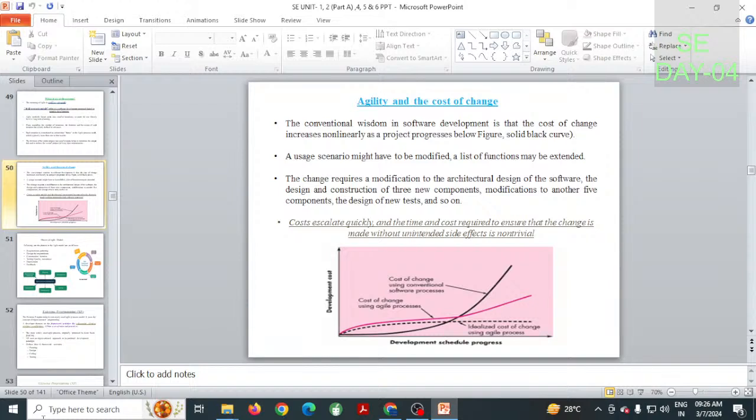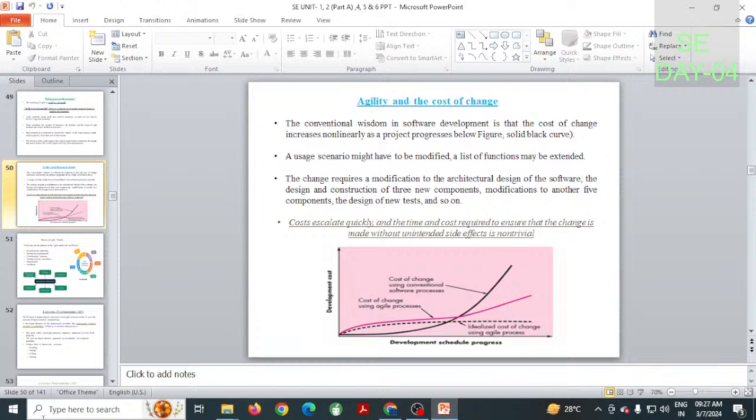The cost of change increases non-linearly as a project progresses, in the form of a figure. You can look at that particular slide.